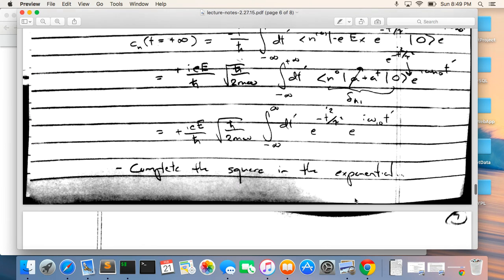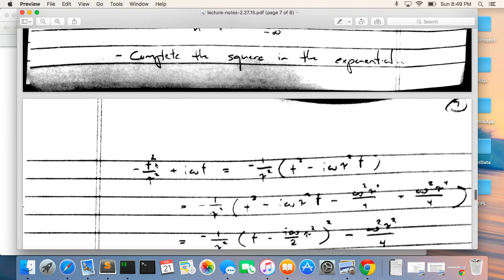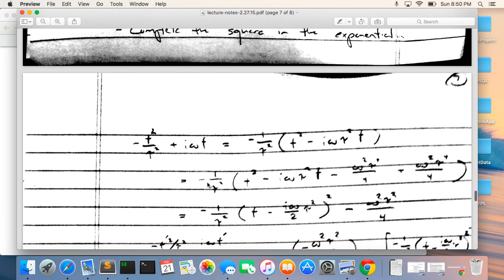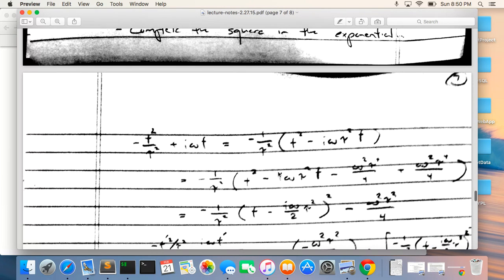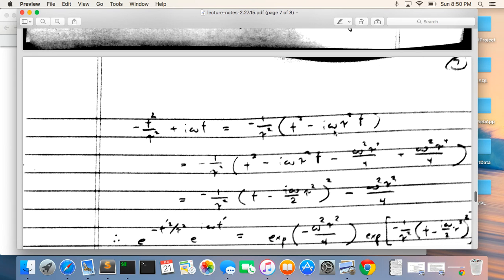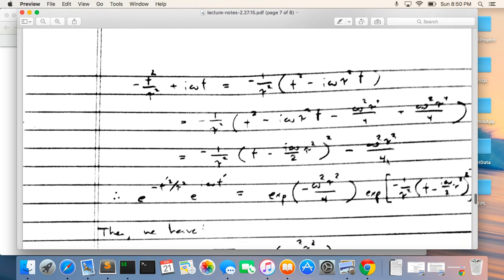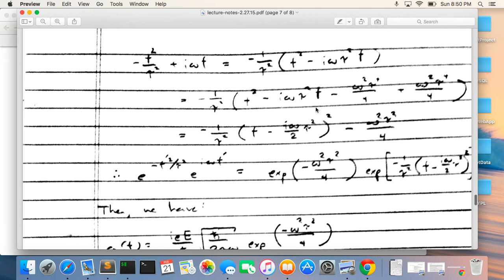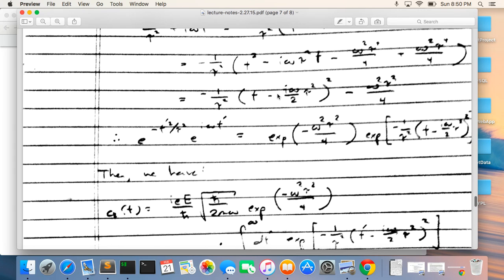And so that's what I do. I'm going to complete the square here, so I'm going to rewrite this term. First I have to pull out a tau squared, but then I can add and subtract half of this term squared. That gives me a perfect square, minus this thing that doesn't depend on t prime, so I can pull that out of the integral.